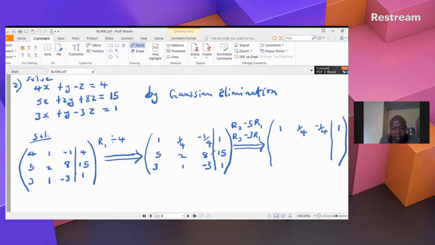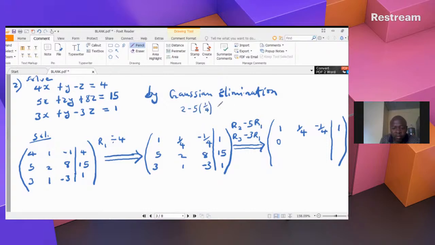So let's begin with row 2. Let me just do my working here. I hope you will not confuse. I just want to do my workings from here. So 5 minus 5 multiplied by 1 gives me 0. Then 2 minus 5 multiplied by a quarter.